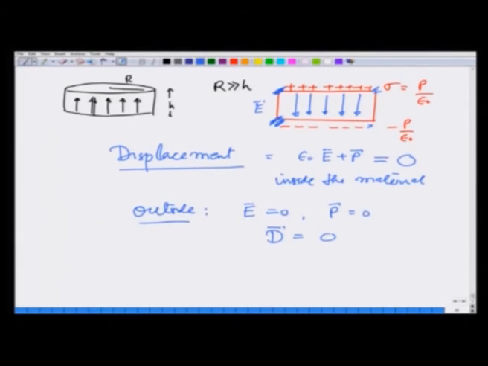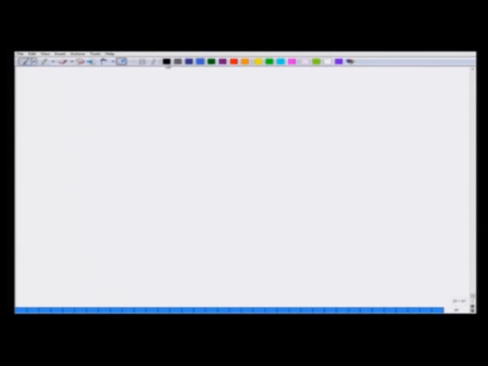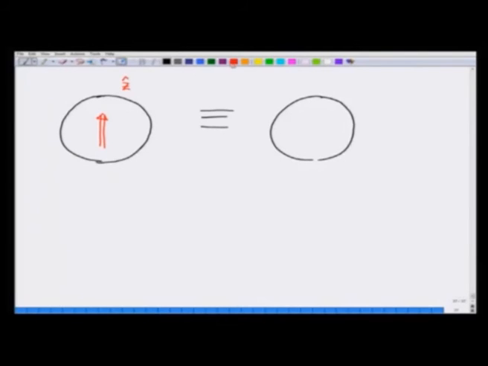As a second example for displacement, let us take a polarized sphere that we had talked about earlier, with polarization being uniform in, let us say, this z direction, and what we showed was that this is equivalent to a sphere with positive charge here and negative charge on the lower side, with this being given as P cosine of theta, and this gave an electric field inside which is going down.